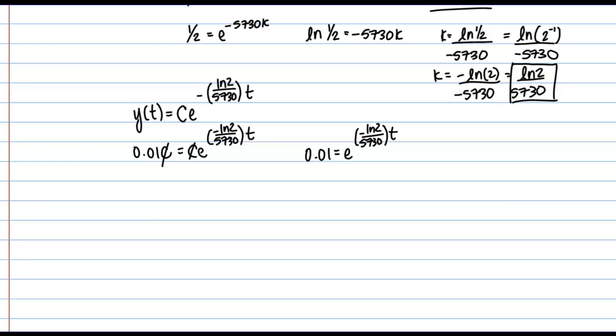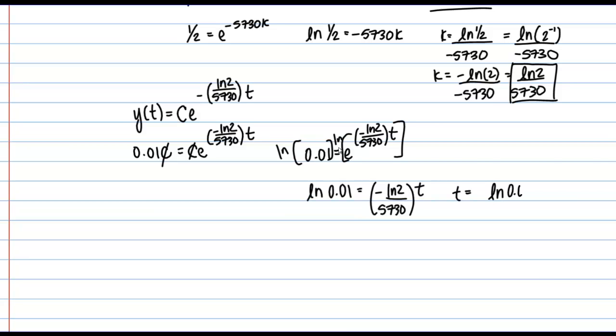Take the natural log of both sides. That's going to get me the natural log of 0.01 equals negative natural log of 2 over 5,730 times t. When I took the natural log of both sides, it canceled out this e here. So in the end, I get t equals the natural log of 0.01 on top, and on the bottom, this fraction, negative natural log of 2 over 5,730.